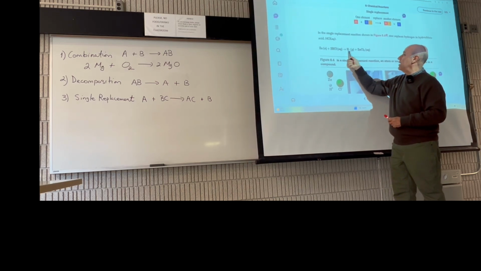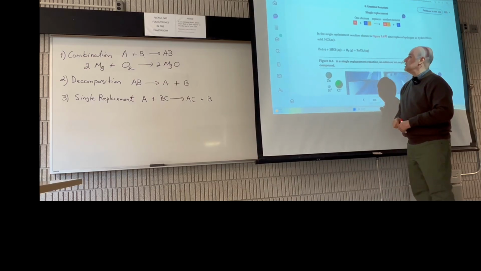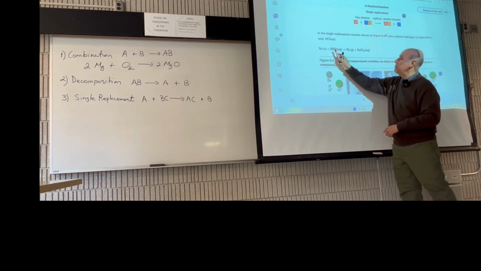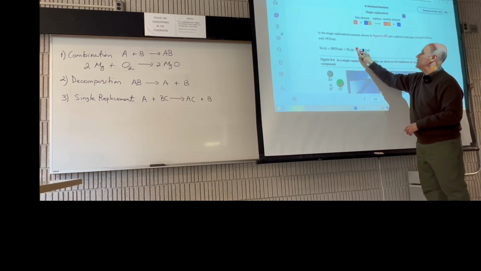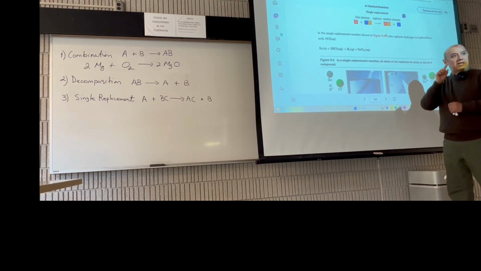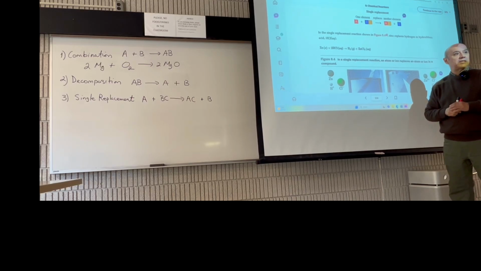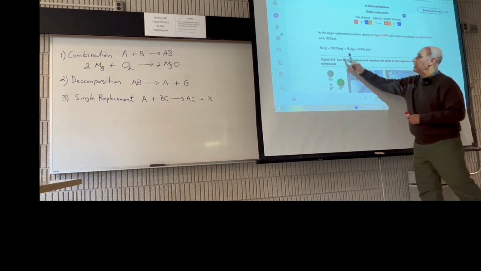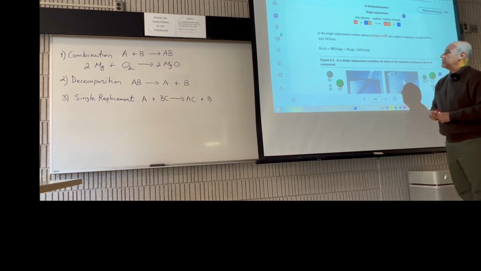So hydrogen becomes a single element there by itself. Zinc replaces the hydrogen and now is in partnership with the chlorine. If you see that, you have a single replacement. But it's in fact displacing hydrogen from the partnership.